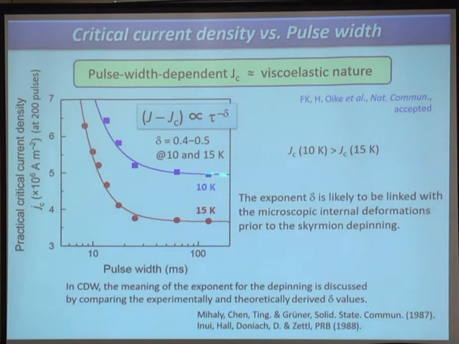We also found the dependence can be described by a power law with an exponent of 4.5 or 4.6. Unfortunately, currently we are not able to quantitatively explain this critical exponent, but probably the exponent is likely to be linked with microscopic information.